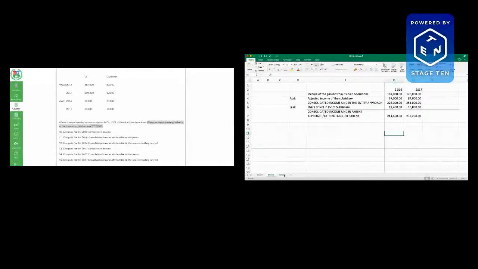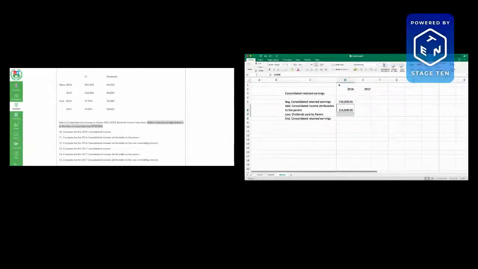Then add the consolidated income attributable to the parent. As we have solved earlier, class, for 2016, the consolidated income attributable to the parent is 214,600. Now, deduct the dividends paid by the parent.